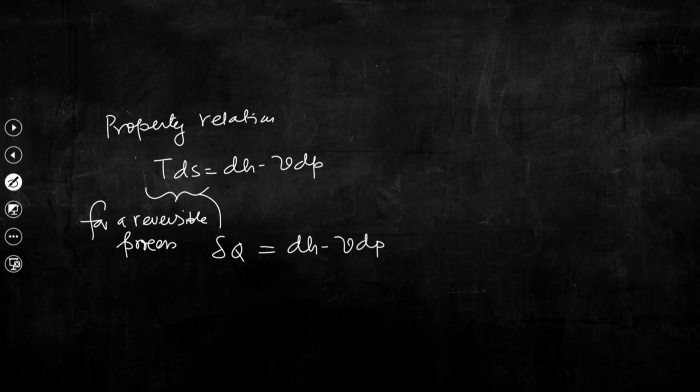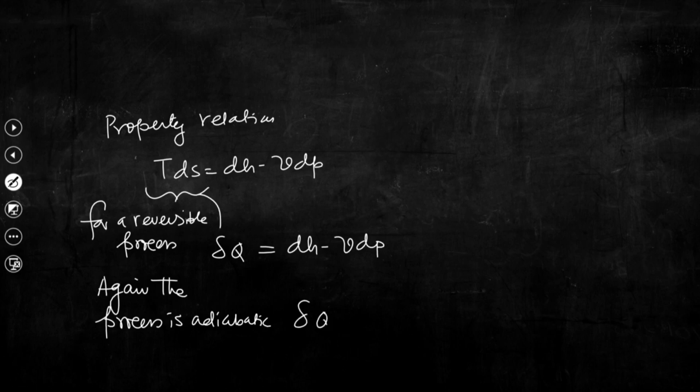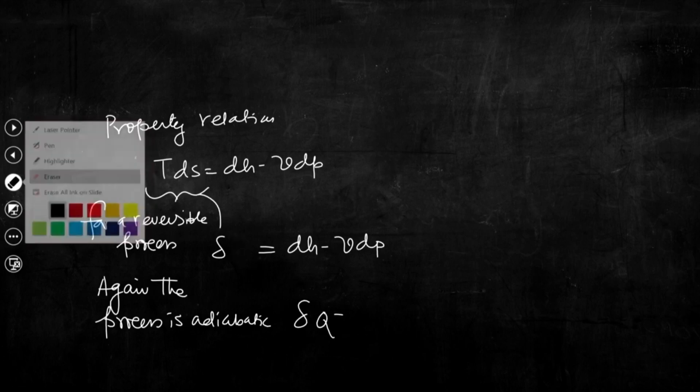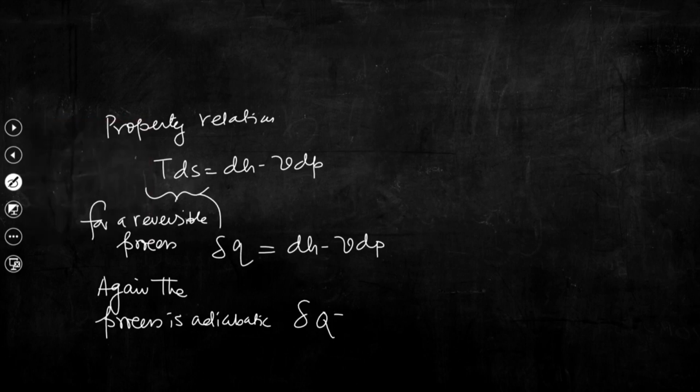Now, the process is adiabatic. So, that means delta Q equal to 0. So, I should write here this is small q equal to 0.